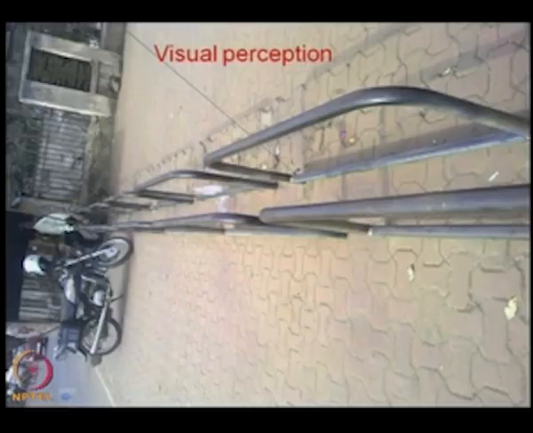Now, the visual perception. If we see this figure here with this vehicle parked here, this structure says that it is a barrier.